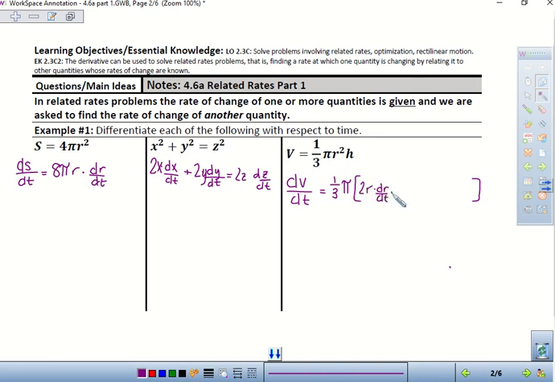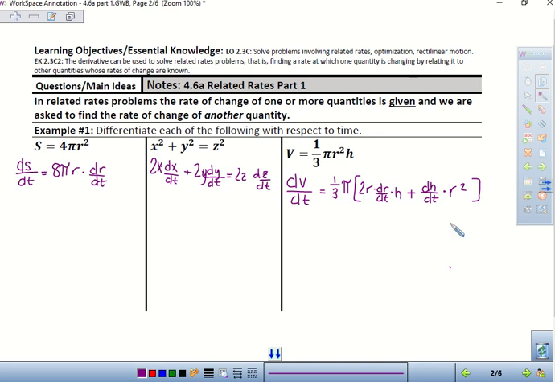Good. Times the other variable, plus the derivative of the other variable, which is 1 times dh over dt. Good. Times the other, which would be r squared. So that is implicit differentiation using the product rule because we have 2 different variables.